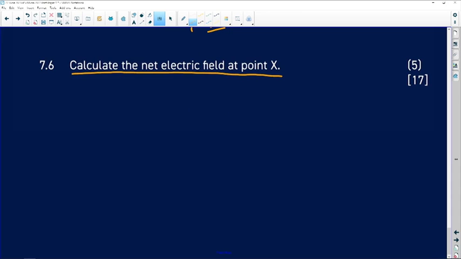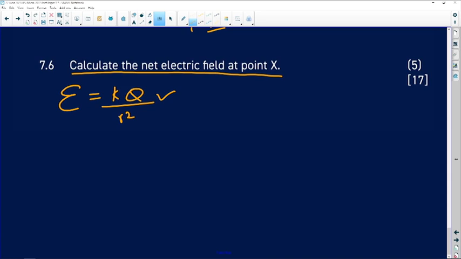I think the best thing to do is go to your formula. E equals KQ over R squared, and you do get a mark for that.